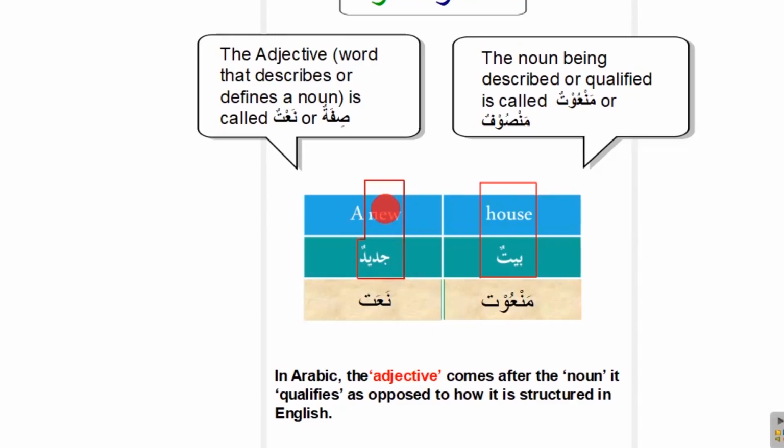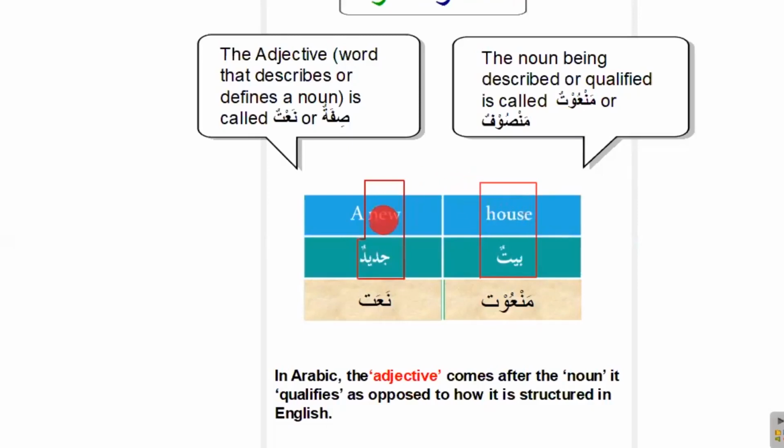A new teacher, a new house, a beautiful bag, an old book, the adjective comes first. In all conditions, when you're describing something in English, the adjective takes precedence, followed by the noun.